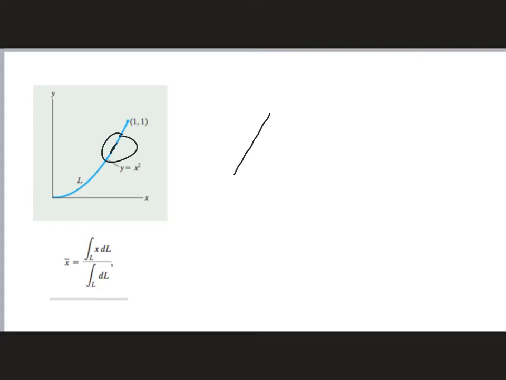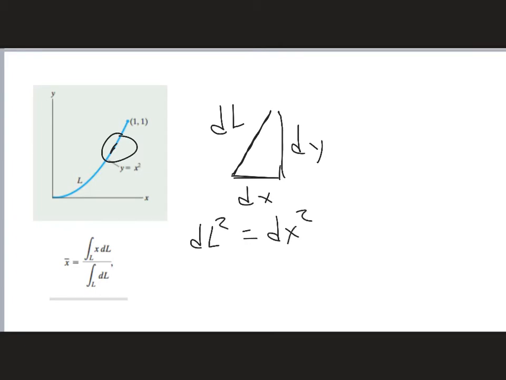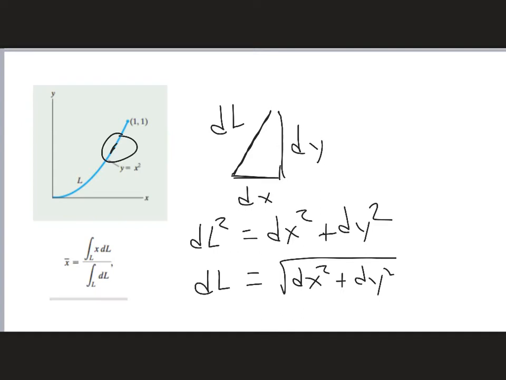So I've got this segment here that is of length dl, and I could break that piece up into a dx and a dy, and then by the Pythagorean theorem I could say that dl squared is equal to dx squared plus dy squared, and I could then solve it for dl, and that would just be the square root of dx squared plus dy squared. That's going to be the length of dl just by applying the Pythagorean theorem.